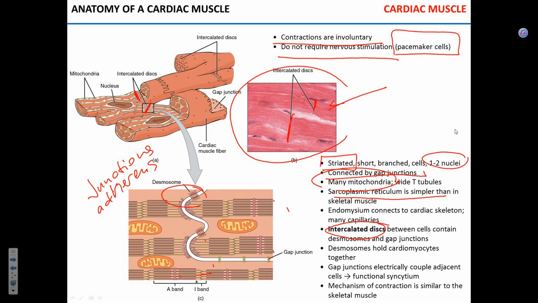So here you can see a fragment of a sarcomere. The M line in the center with thick myosin filaments shown in purple attached to it. The green lines represent the thin filament, actin, which is attached to Z discs.